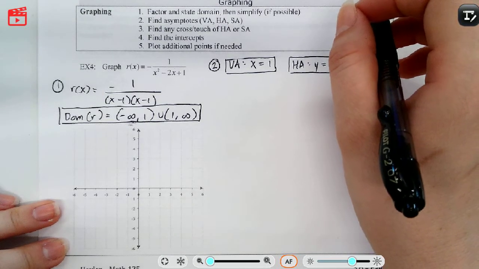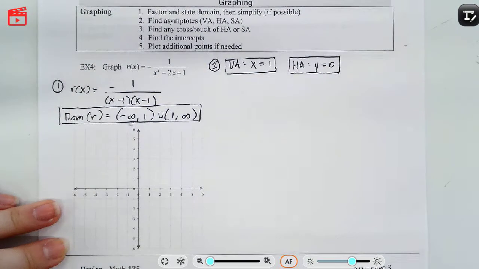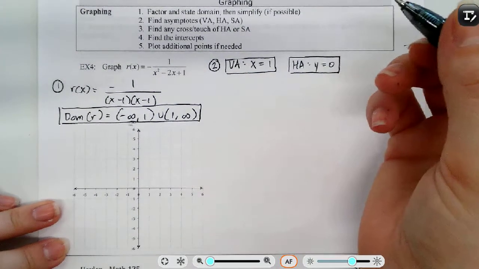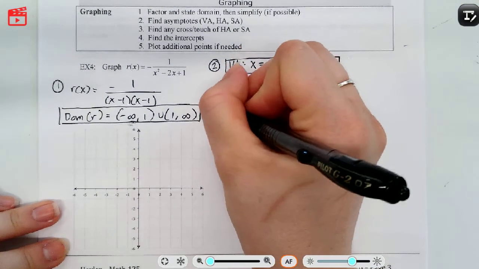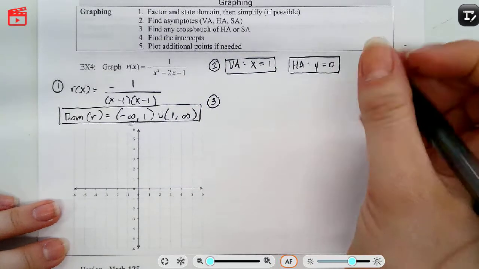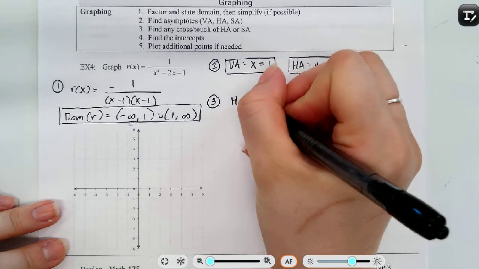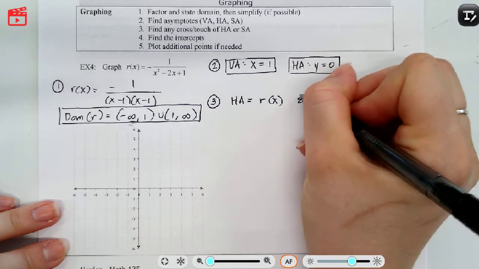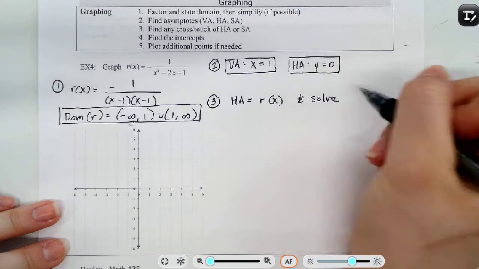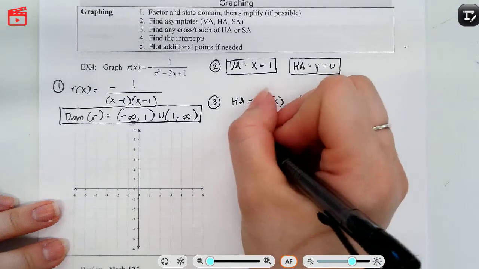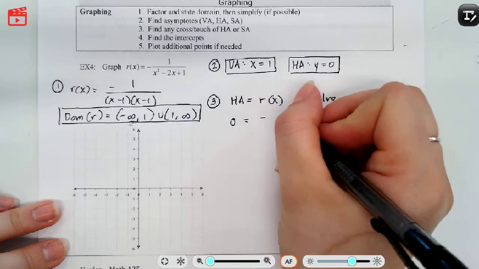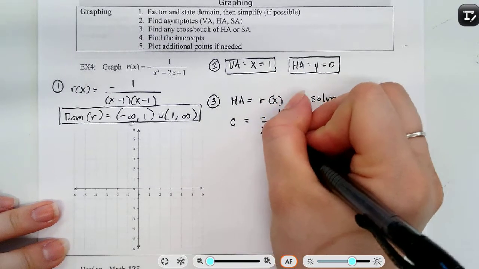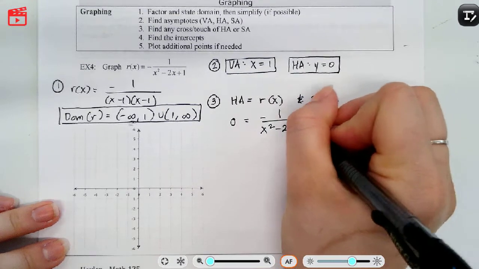All right, let's see. Next step. 3, cross touch points. So for a cross touch point, what you're going to do is set your horizontal asymptote equal to your function and solve. Okay, so let's do that. Horizontal asymptote is 0, and our function is negative 1 over x squared minus 2x plus 1.